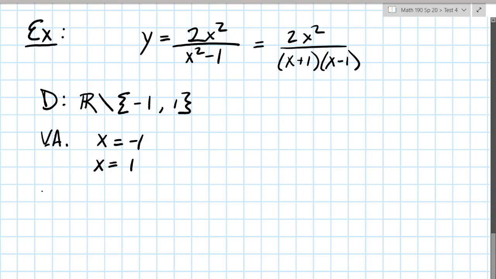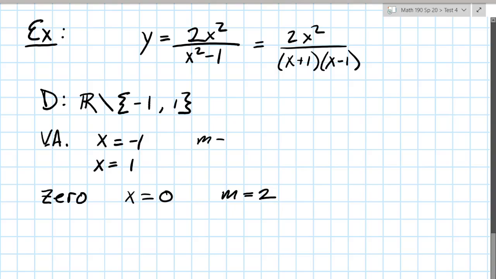zeros, and we see that we have a 0 by setting the numerator equal to 0. If 2x squared equals 0, that means x equals 0. If you recall from algebra, that has multiplicity 2, so we know the curve touches the x-axis at that point.